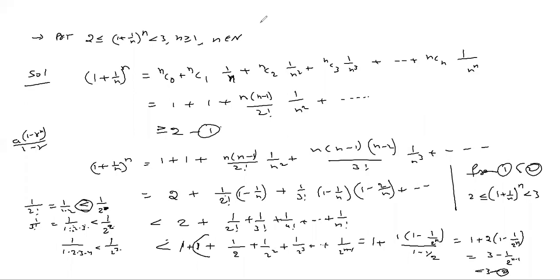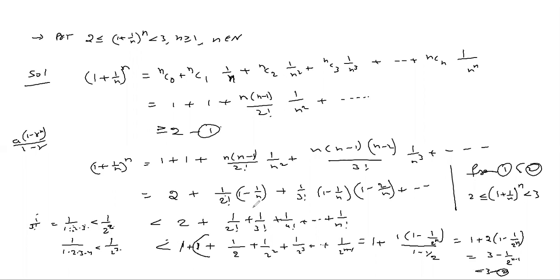Clearly we can see that 1 by 1 into 2 into 3 is less than 1 by 2 square, meaning 1 by 3 factorial is less than 1 by 2 square, and 1 by 4 factorial is less than 1 by 2 cube. So those I have substituted.